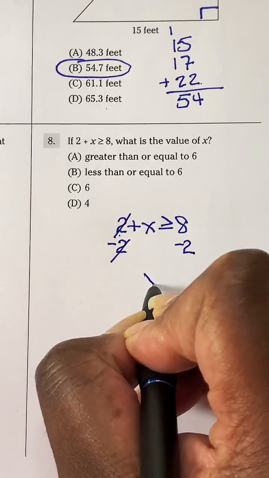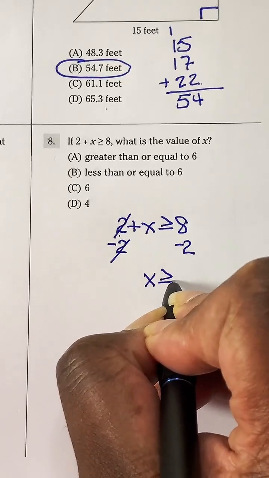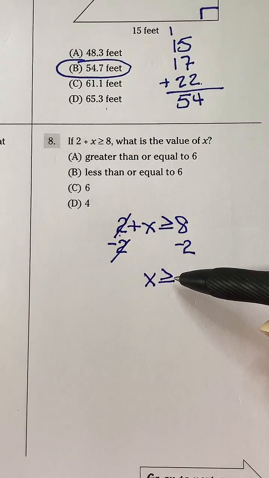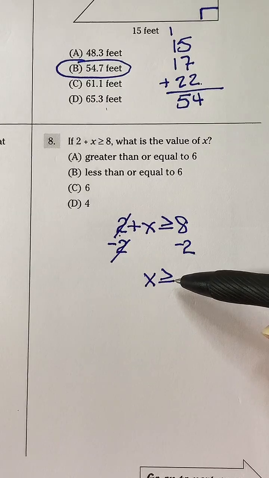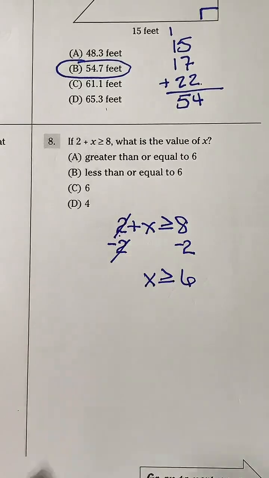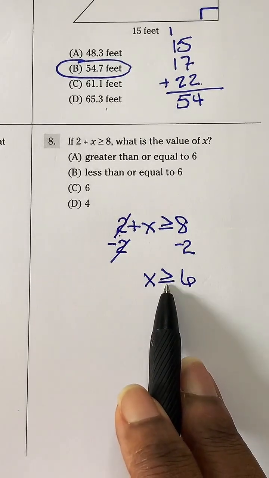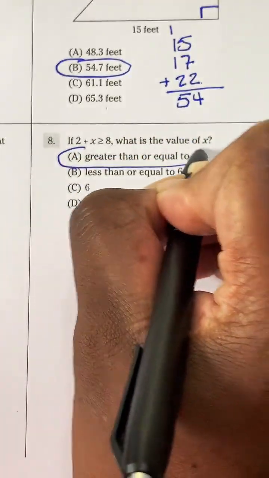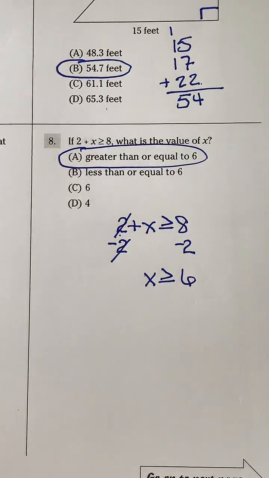So now we have x is greater than or equal to, because the inequality sign doesn't flip when you're adding and subtracting. It only flips when you're multiplying or dividing by a negative number, which we're not doing. So now we have x is greater than or equal to 6. And it's A.